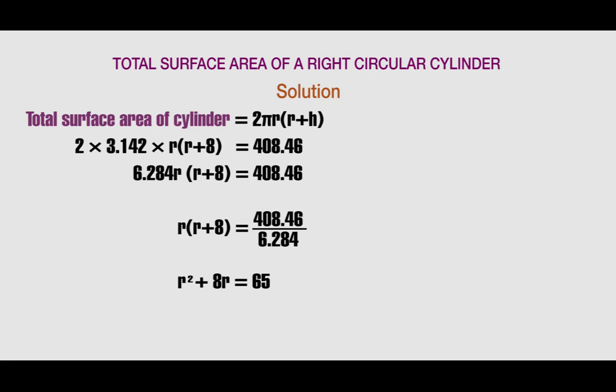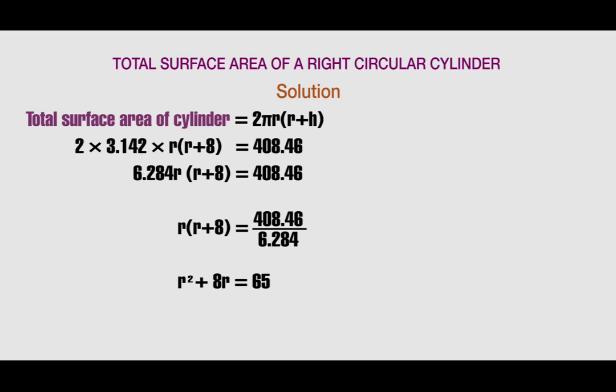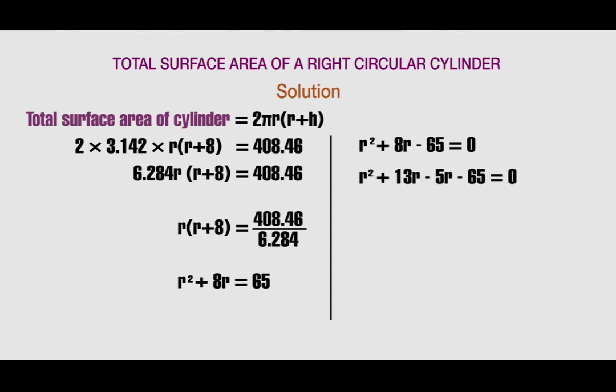This is a quadratic equation. And we have learned in our previous lessons that to solve a quadratic equation, you must equate to 0. And then you try to factorize, or you can use the calculator. Let's make an attempt to factorize the expression. That will give us r squared plus 13r minus 5r minus 65 equals 0.